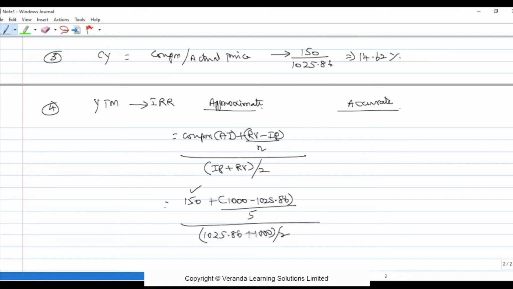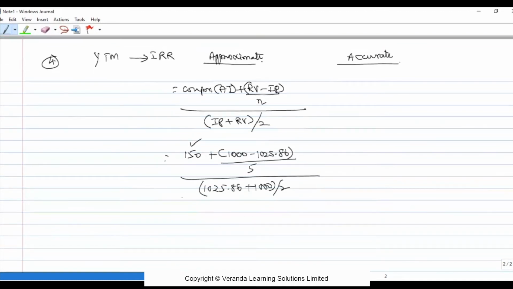Let us just take 1025.86. It has to be deducted from 1000, which results in 25.86 negative, divided by 5. That results in negative 5.17, with which when you add 150, it comes to 144.83. The whole divided by 1025.86 plus 1000 divided by 2, that comes to 1012.90.